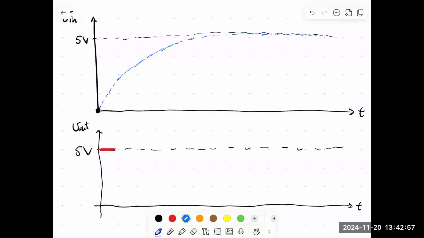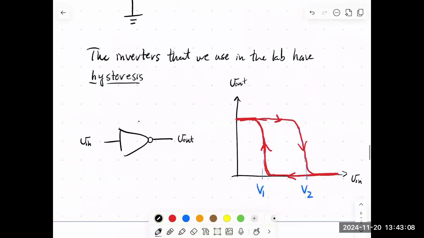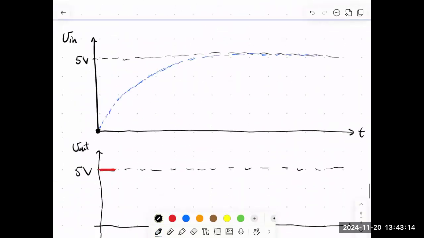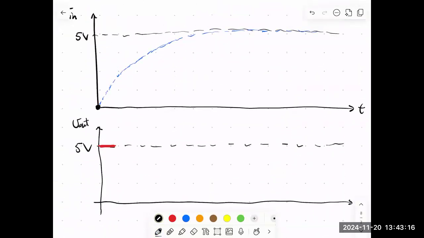Okay, good. The other thing I want to put on this V in plot are our 2 threshold voltages. The 2 voltages I want to put on there are V1 and V2. So we'll have, let's say V2 is up here somewhere, and V1 is over here somewhere.